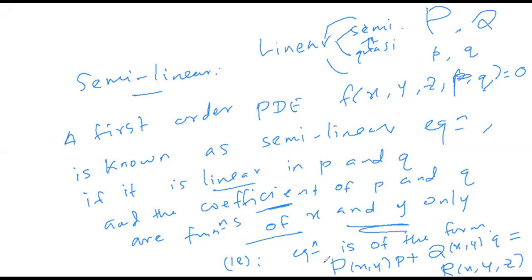This is a small difference from what I have written for the linear equation. So capital P and capital Q are functions of x and y, and all the other x, y, z terms will be on the other side. Only P and Q have the functions of x and y. This is what they say semi-linear.